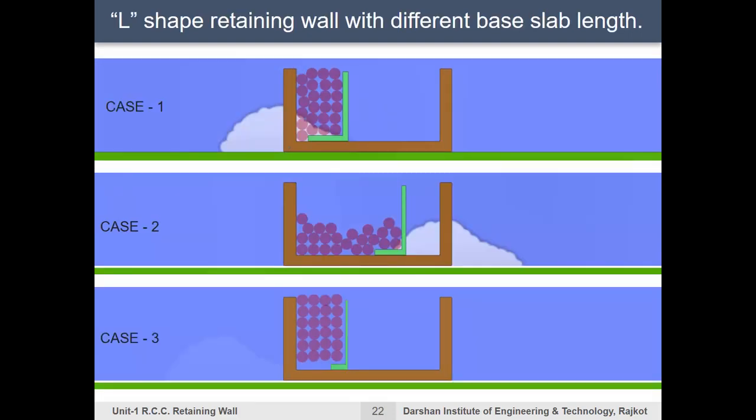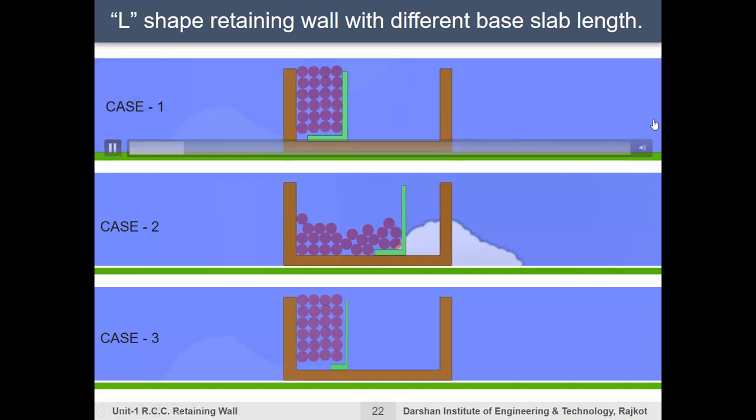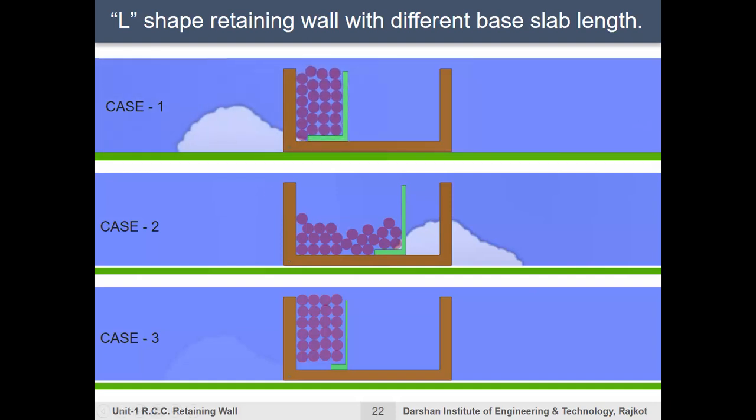In this slide, we will see the behavior of a retaining wall with different base slab lengths. In the first case, the base slab length is enough to generate a stabilizing moment greater than the overturning moment.